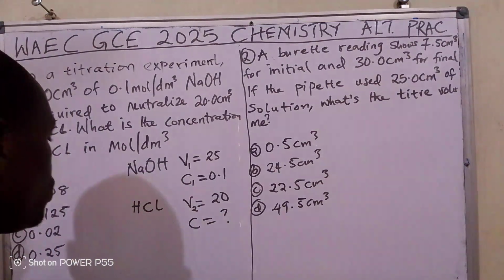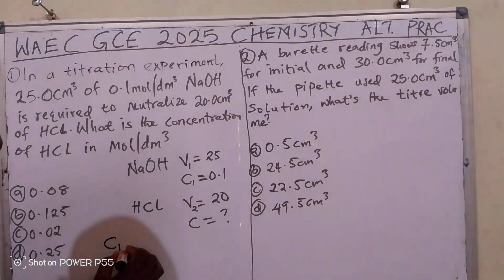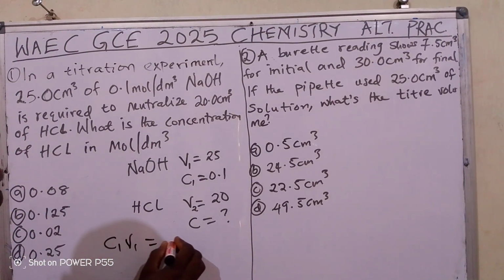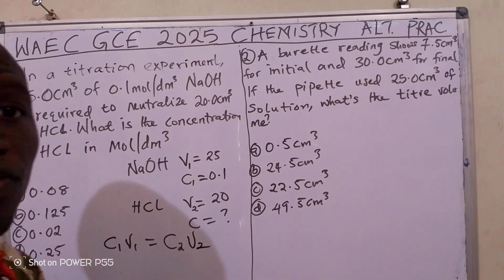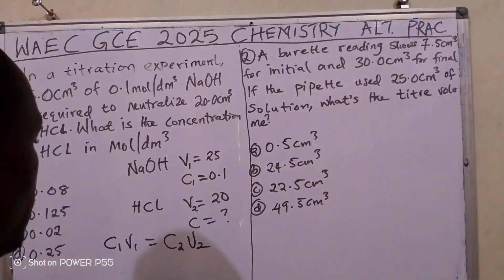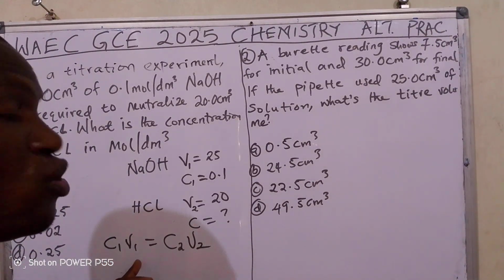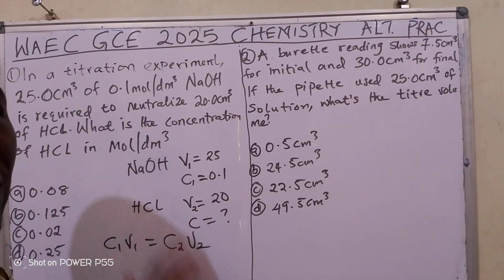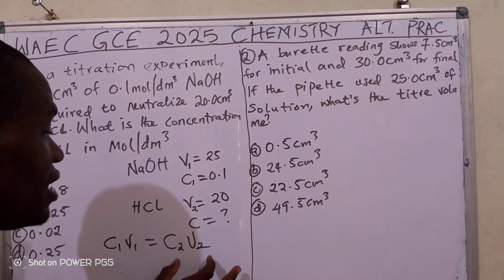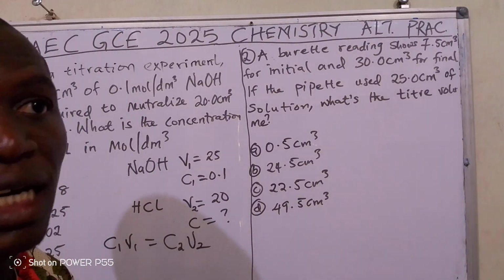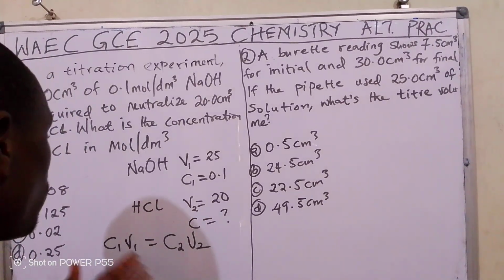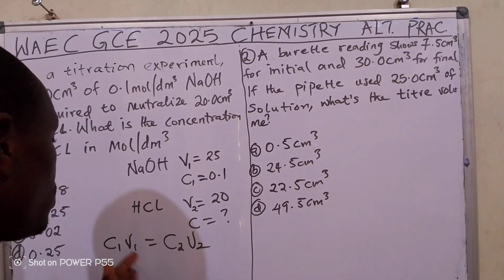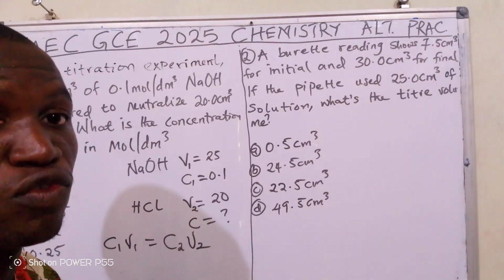In this case, we are going to use C1V1 is equal to C2V2. What this formula is trying to say is that the product of the concentration and volume of either acid or base is going to be equal to the product of the concentration and volume of the other, depending on what you use for C1V1 and C2V2.